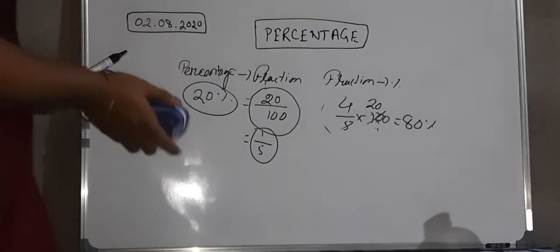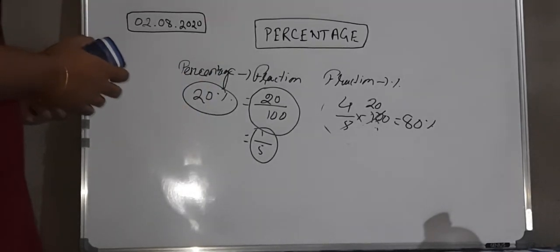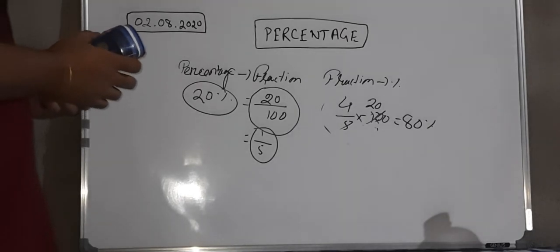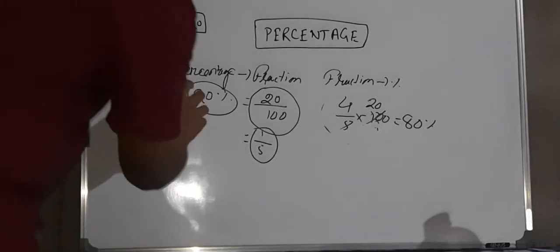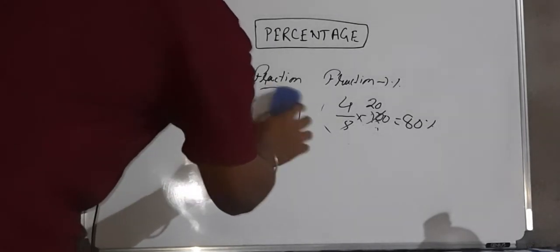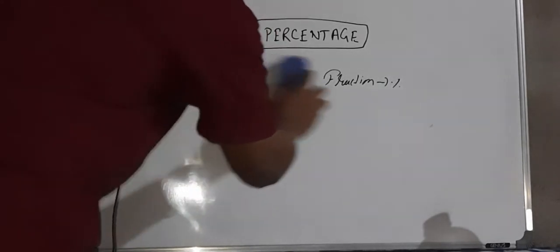So basically what I have done here is, 20% is 20 by 100, so 1 by 5, while converting 20% into a fraction. Now while converting 4 by 5 into percentage format, just multiply 4 by 5 by 100, which will become 80%.